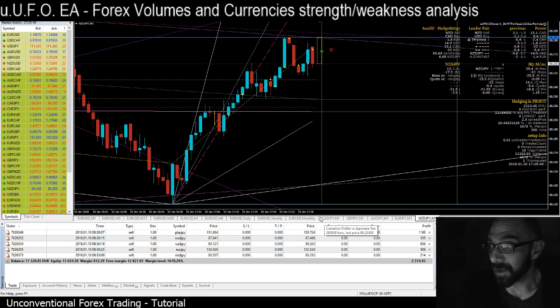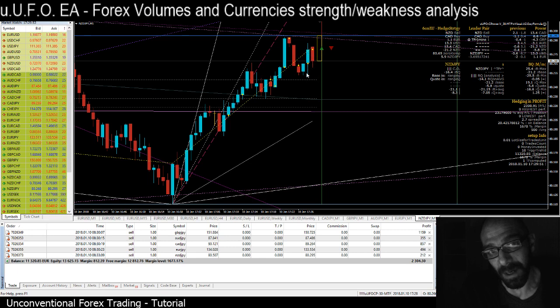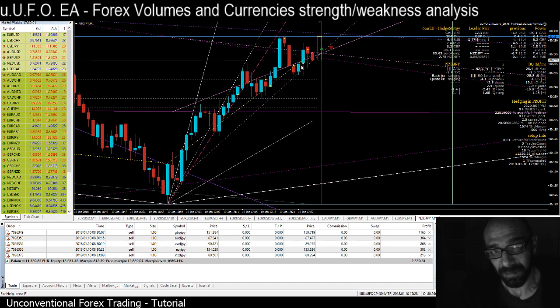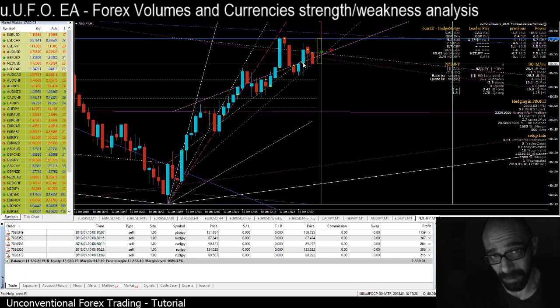Okay, so for example, in this bar that just occurred, price opened here, went down a bit, and when the price was going up, there was some buying pressure.